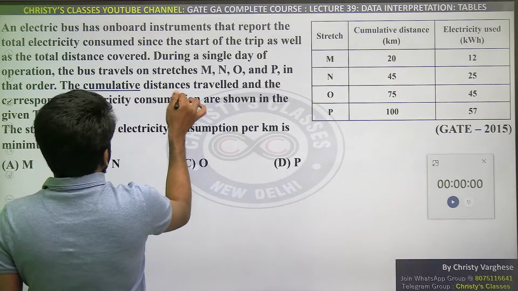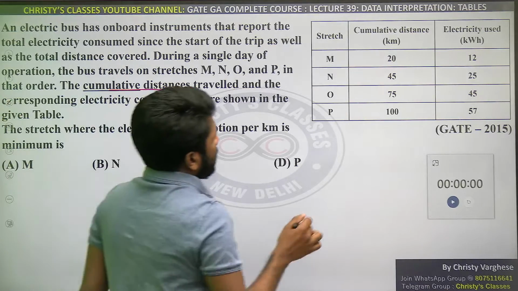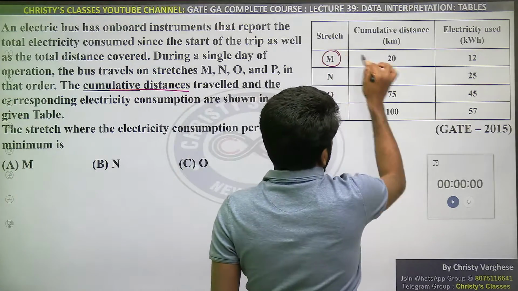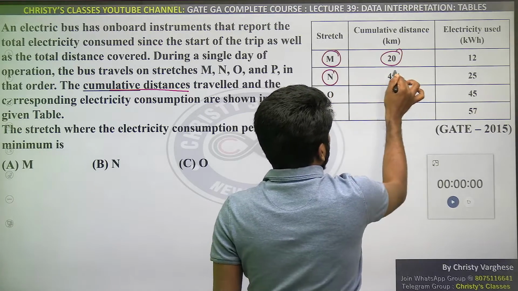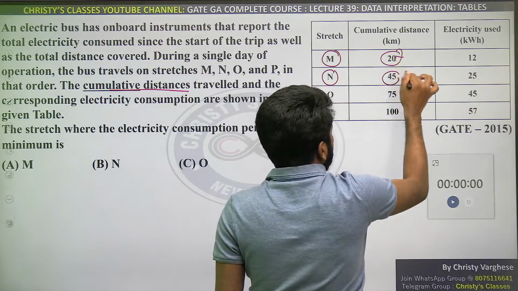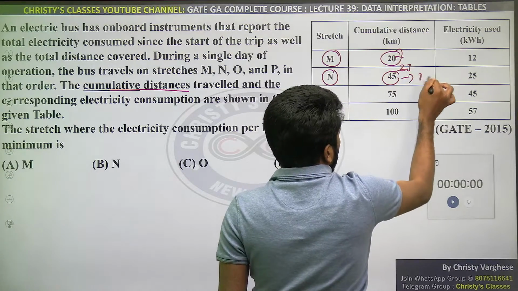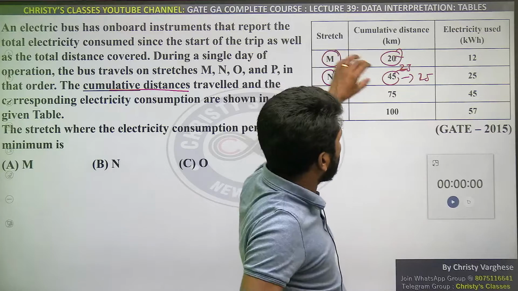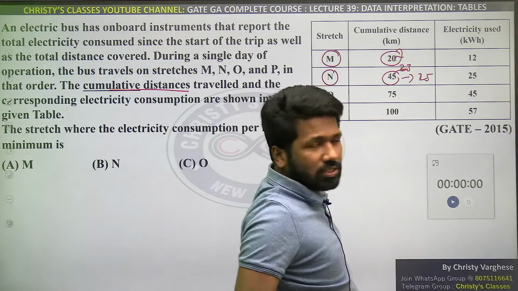So there are 4 regions, M, N, O, P. The cumulative distance traveled: what is the meaning of cumulative distance? While covering stretch M, it covered 20 kilometers in total. While covering stretch N, 45, meaning 20 plus 25. That means in stretch N separately it is only 25. M and N together is 45. That is the meaning. And the 75 is M and N and O distance together.